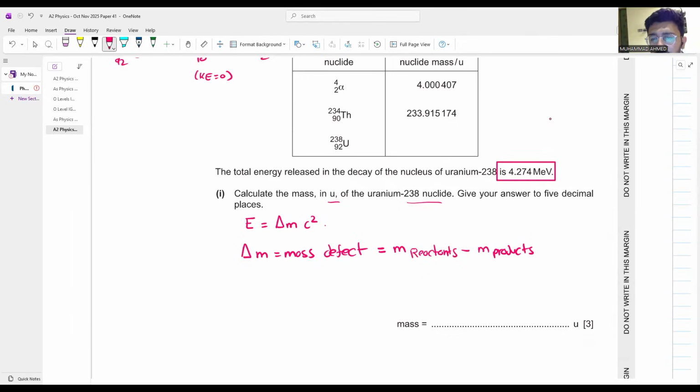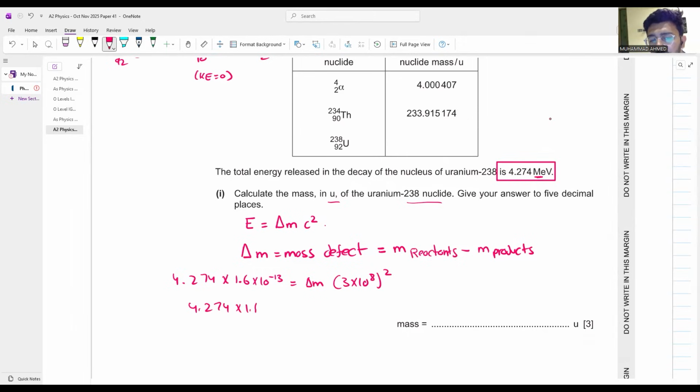जी सर बिल्कुल. What is your energy? 4.274 मेगा इलेक्ट्रॉन वोल्ट्स. मेगा इलेक्ट्रॉन वोल्ट्स का मतलब क्या होगा? 1.6 × 10 raised to the power of minus 13 equals mass defect into the speed of light का square, 3 into 10 raised to the power of 8 का square.